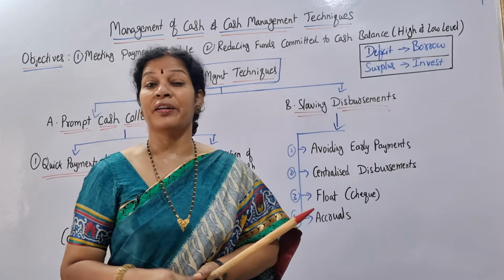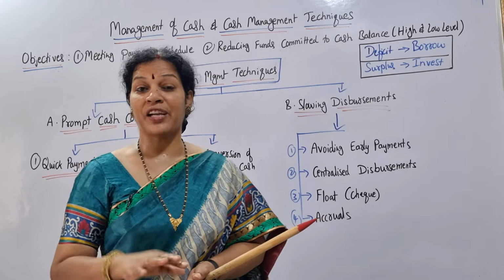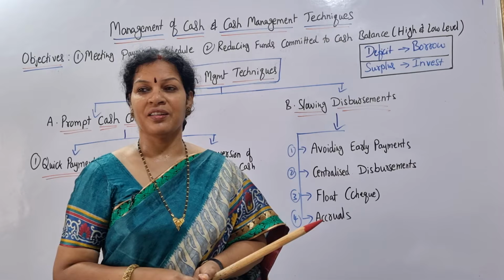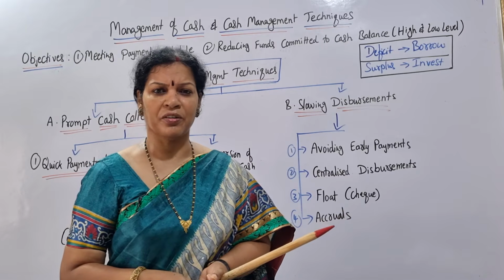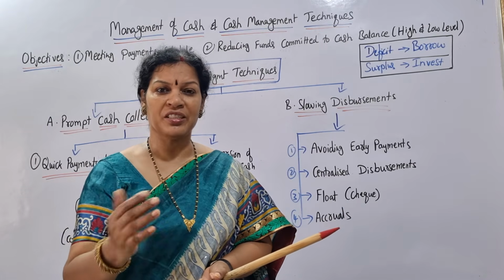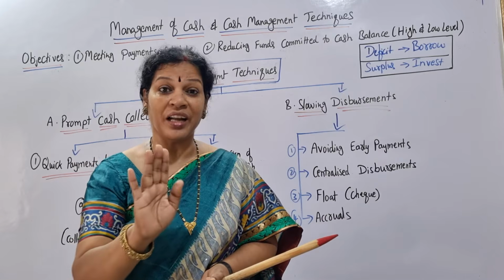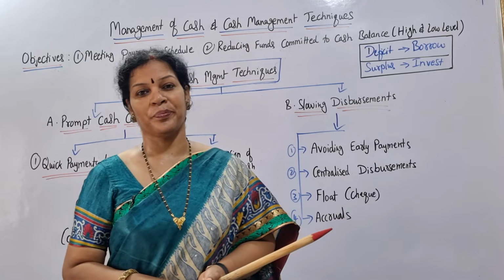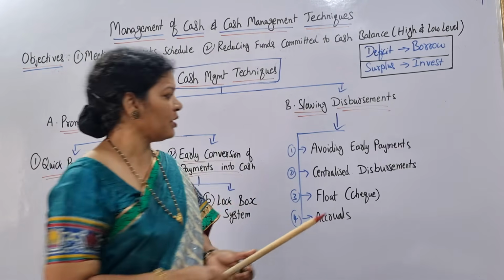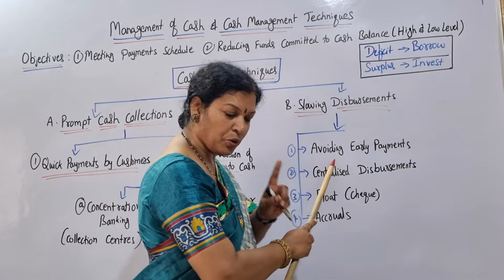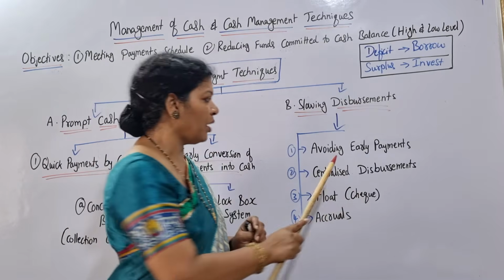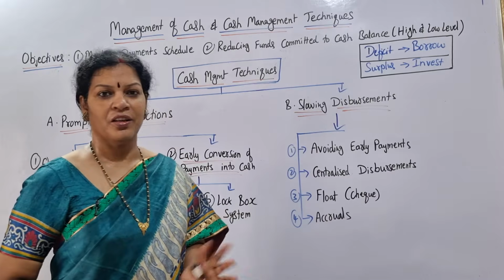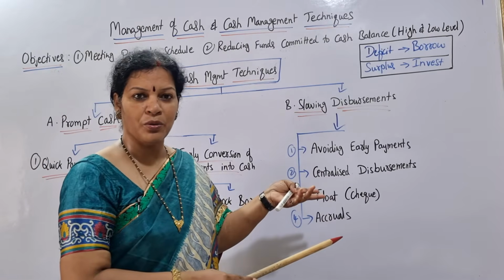For example, rent paid in advance, tax paid in advance, transportation, dividend, or anything paid in advance, no. Cut those advances. Only pay right now whatever is due. Avoid early payments so that you can make the payment slowly.